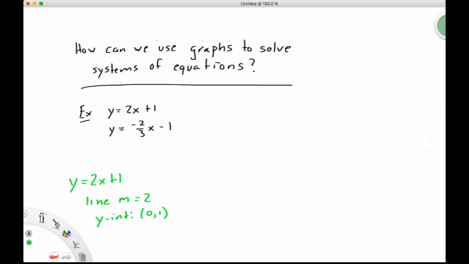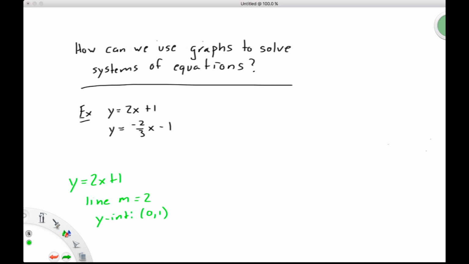And when we graph this line, what we're essentially saying is there is going to be this huge infinite set of pairs of values, x's and y's, that make this equation true.